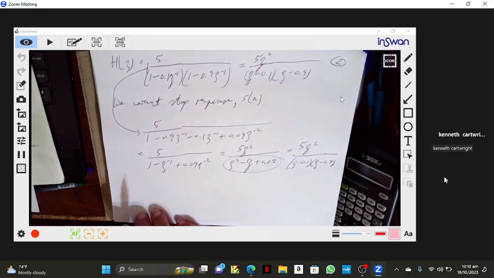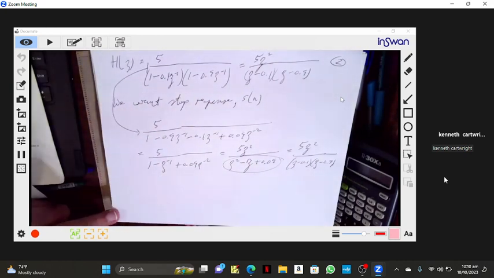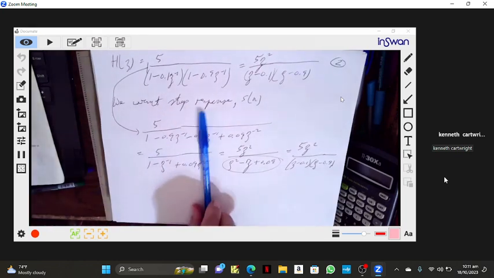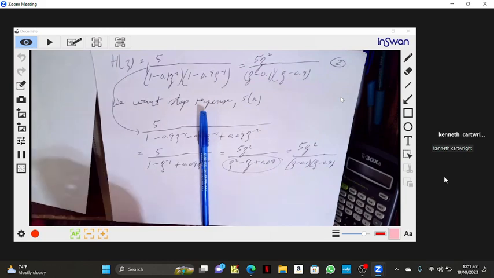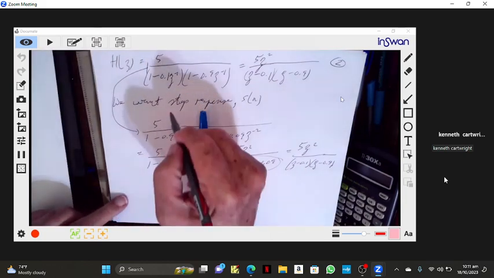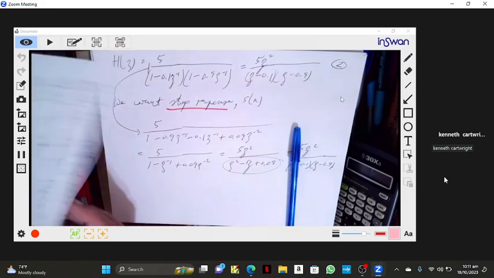No, we're not there yet. I'm not asking to find the inverse z of h. What am I asking to find the inverse z of? I want the step response. That hasn't hit home apparently. I want the step response. Previous page.